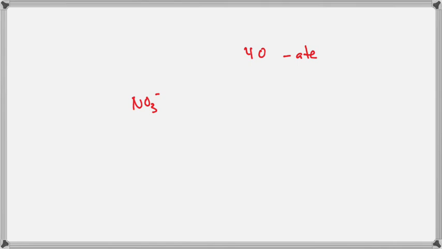When I look at the oxygen compounds with nitrogen that form ions, I have NO3 minus and NO2 minus. Because I know that there are these two states, key word there, I know that the one with fewer oxygens must be nitrite, and the one with more oxygens must be nitrate.